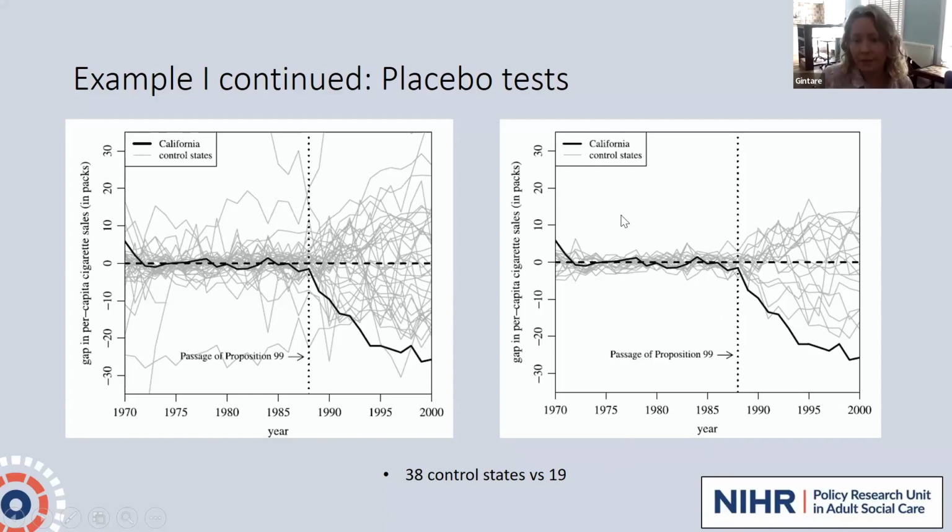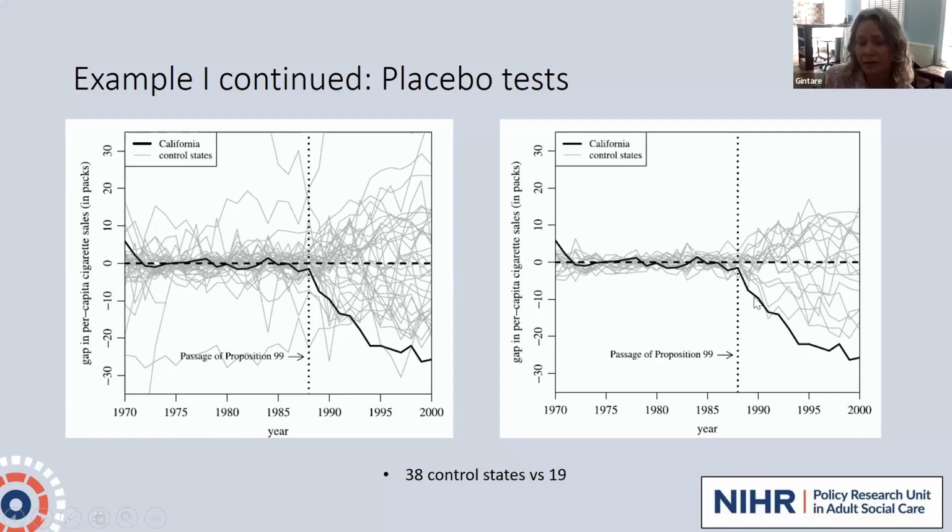So there's no more outliers, there's no more idiosyncratic shocks. The behavior prior to the treatment is similar with all of the placebo units. And then you can also see that California is significantly different from the rest of the placebo units, which is part of the indication of its statistical significance.